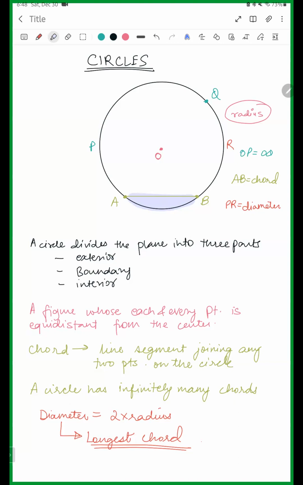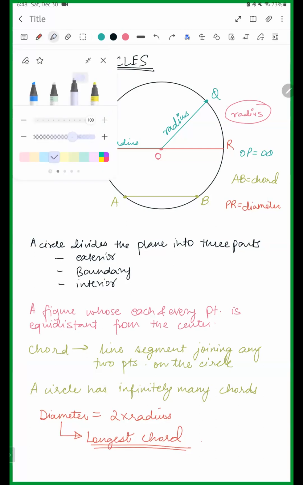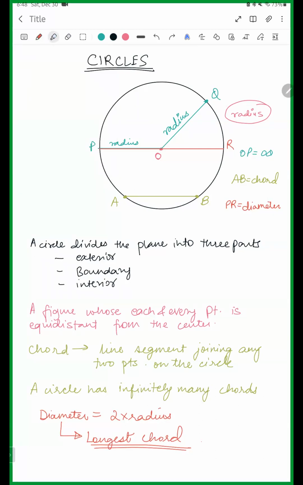So this portion is what is called a segment.